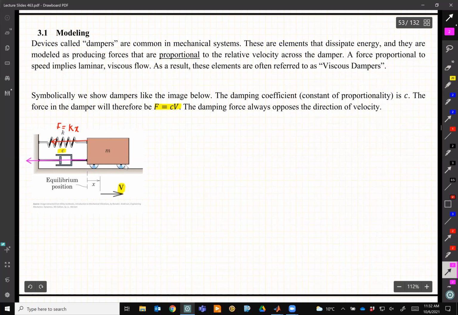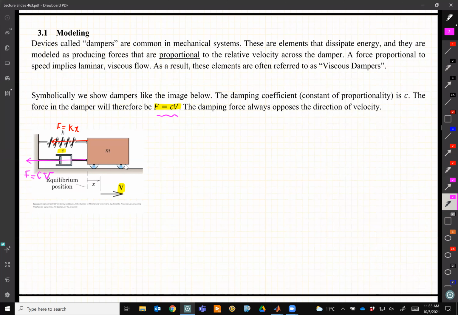And the force that it creates is going to be in the opposite direction of velocity. Always damping, because it is friction, is in the opposite direction of the velocity. And what is the value of damping? As we show here, this force is C multiplied by V, velocity. Okay.